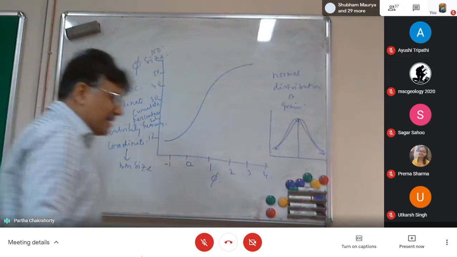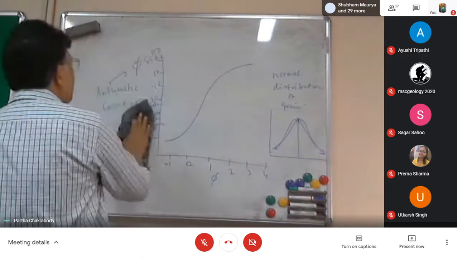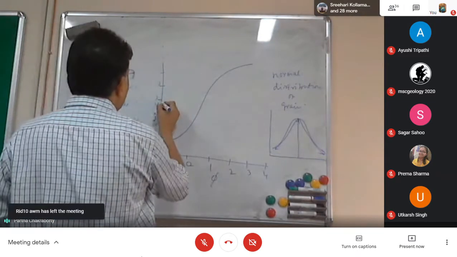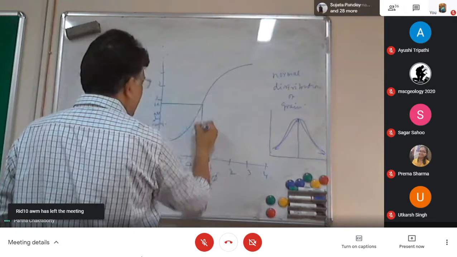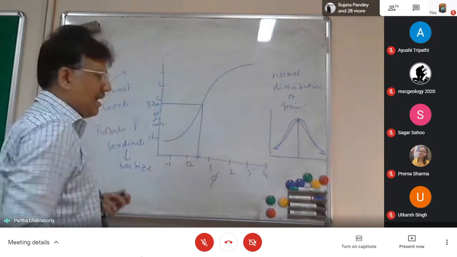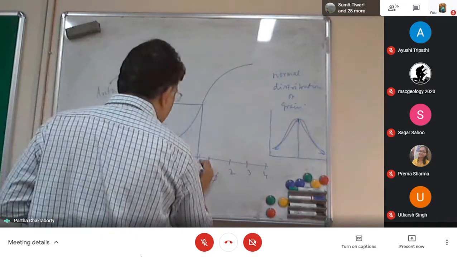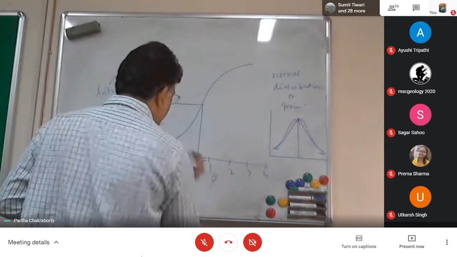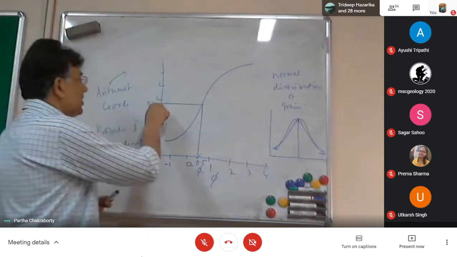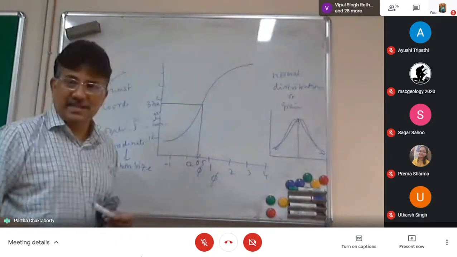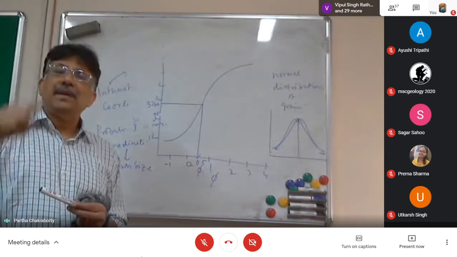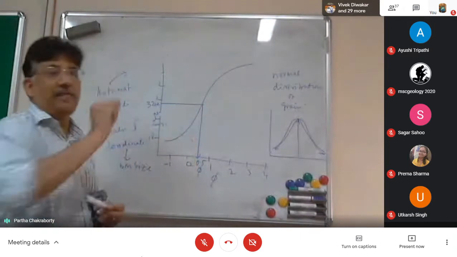Now what is the meaning of this? Suppose here I get 32, and that is represented by phi 0.5. What does it mean? 32% of the grains are coarser than the size represented by phi 0.5.